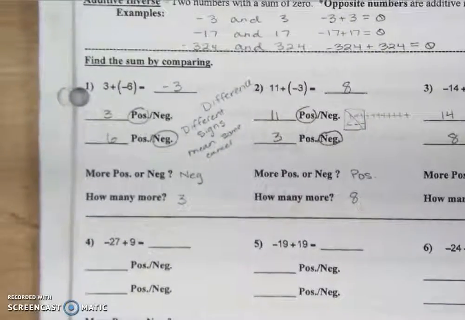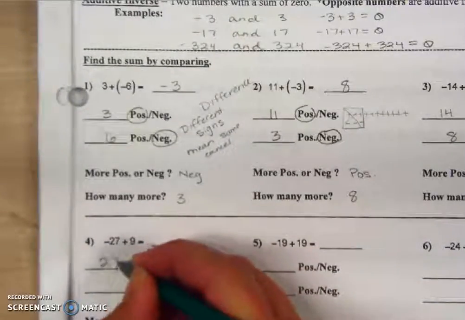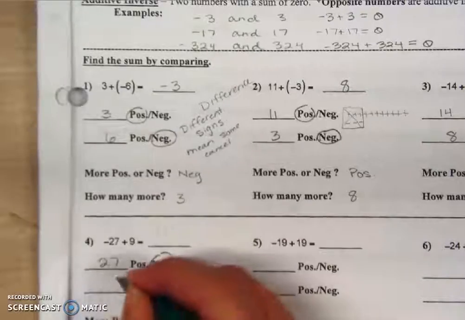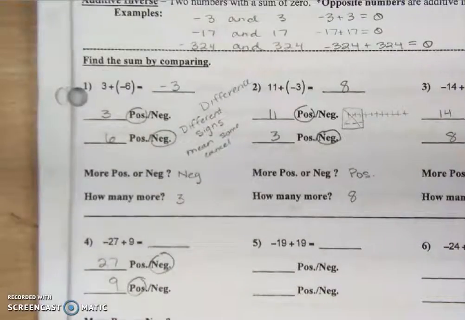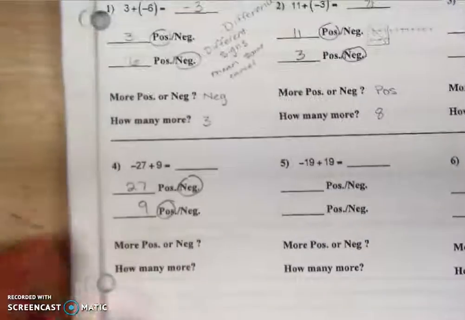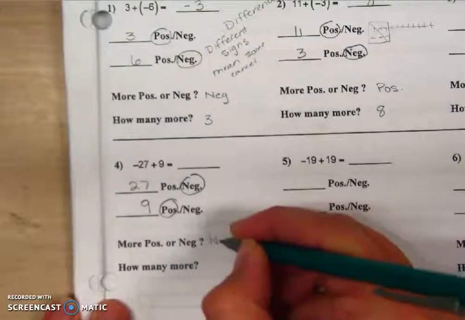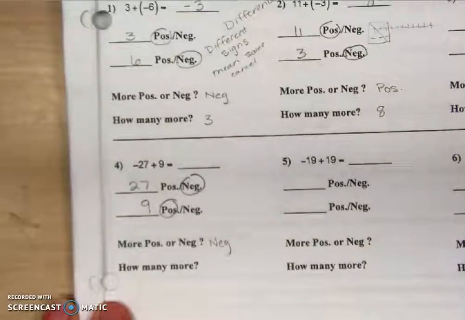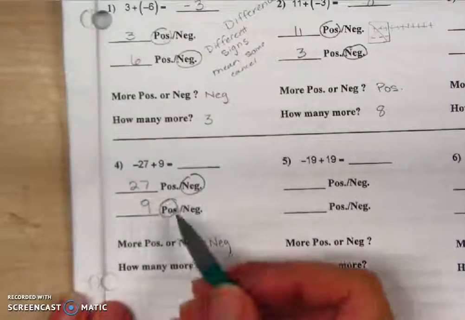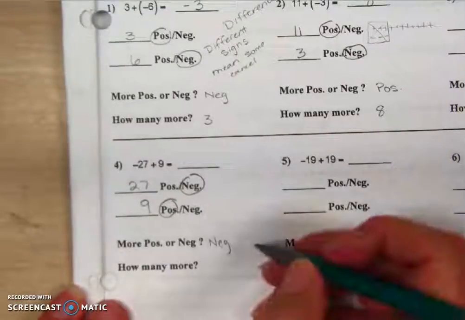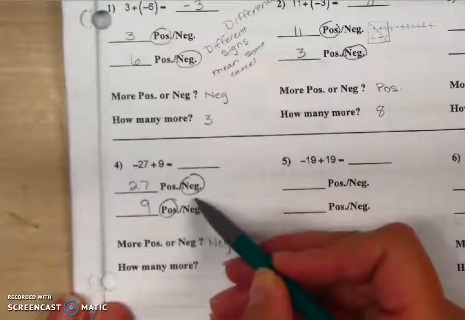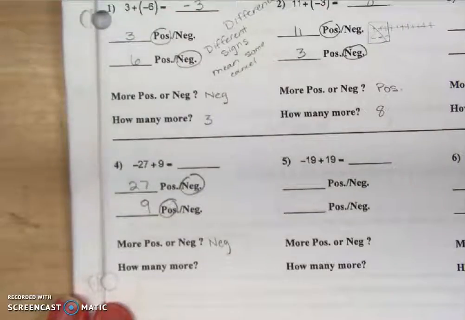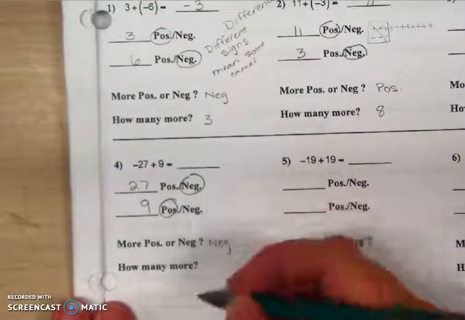Number 4 shows us 27 negatives, and then we have 9 positives. Do I have more negatives or positives? Well, I can answer that. I have more negatives because 27 is much more than 9. And so then how many more? Here we would end up subtracting those numbers because they're different signs, because some of them will cancel out.